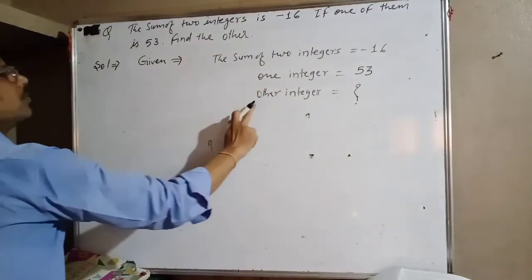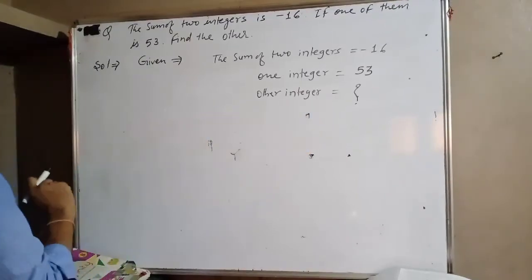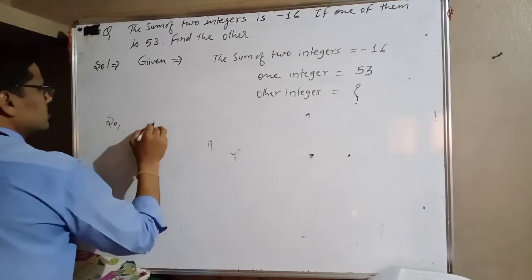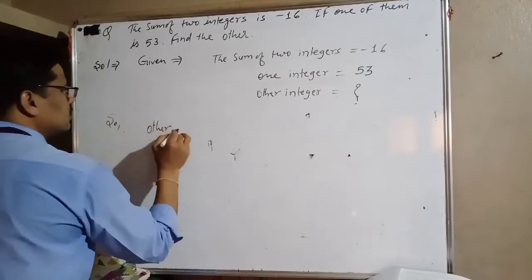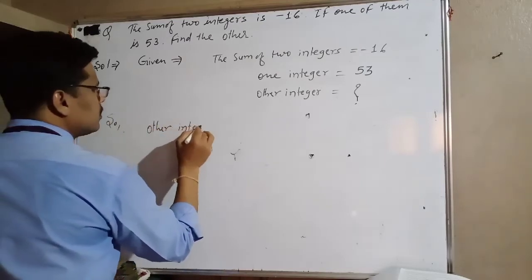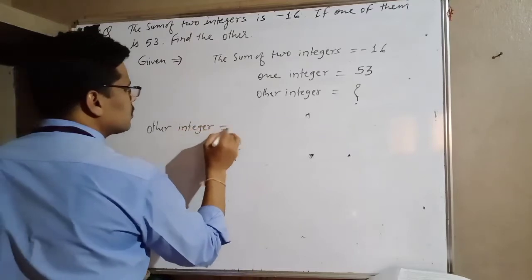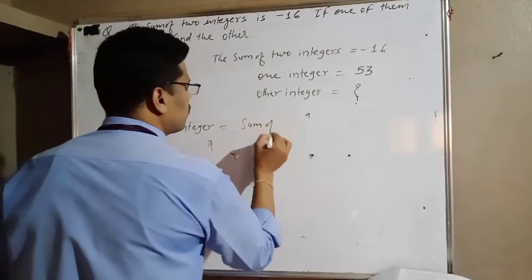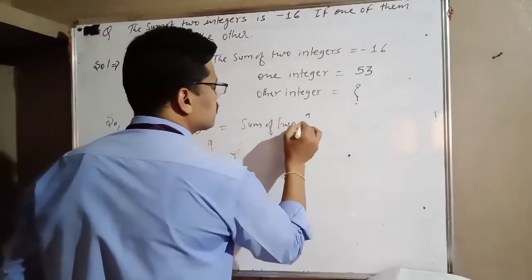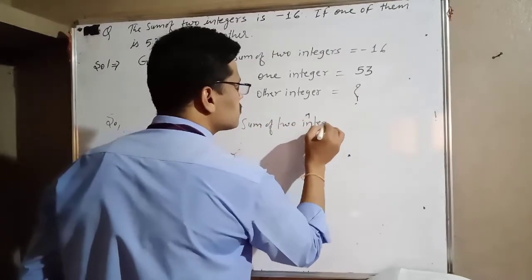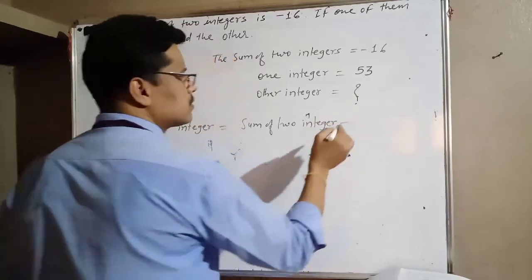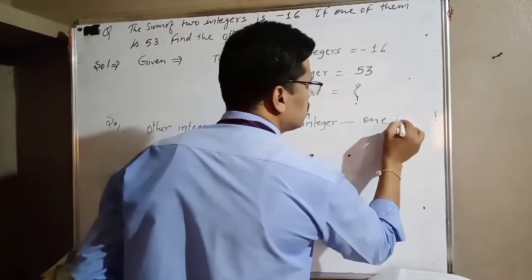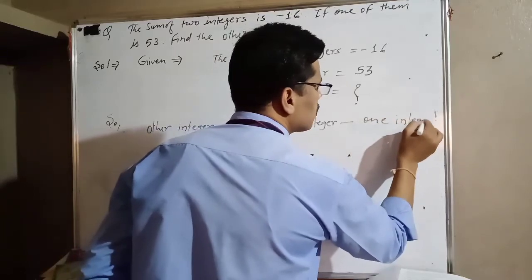Now we want to find the other integer, so we can write directly: the other integer is equal to the sum of two integers minus one integer.